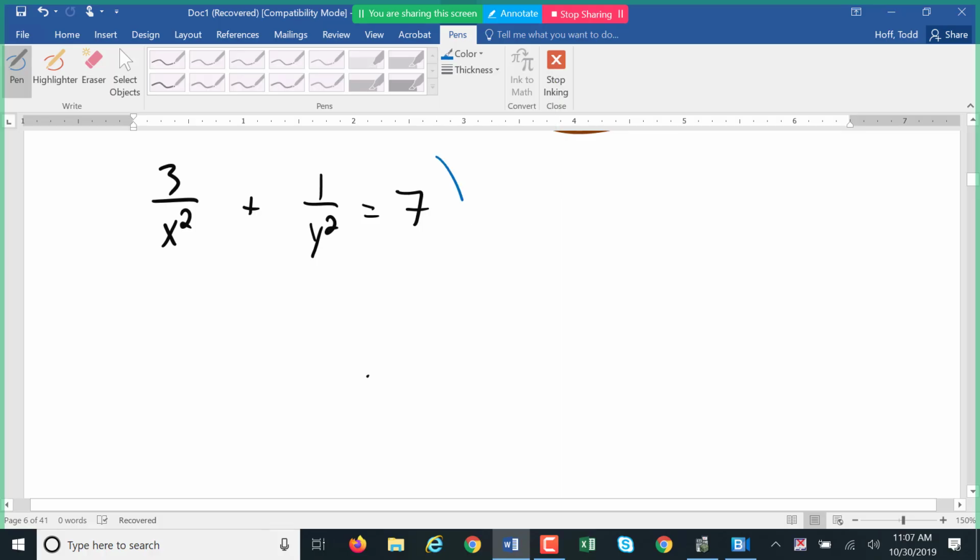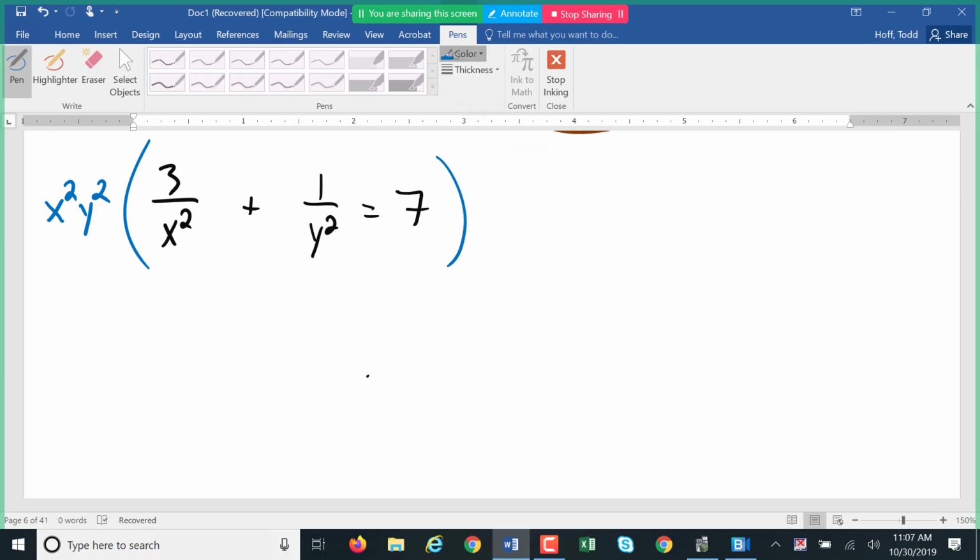Anytime I have a variable in the denominator of a fraction, I get it out of that denominator by multiplying by a least common denominator. Here my denominators are X squared and Y squared, so my least common denominator is going to be those two multiplied together, X squared Y squared.